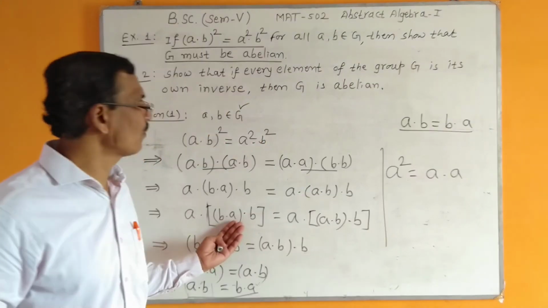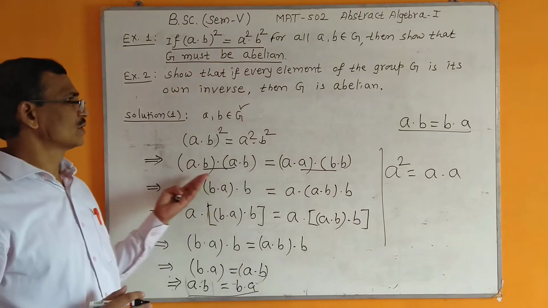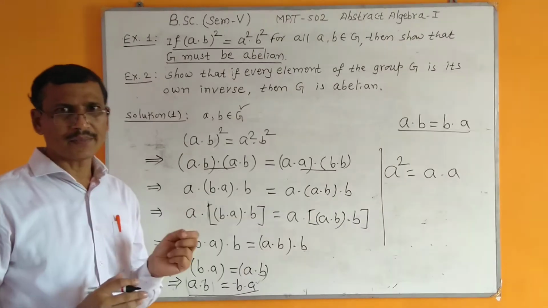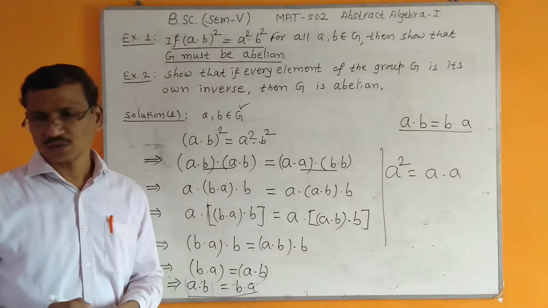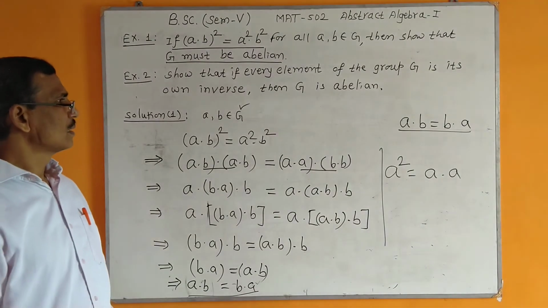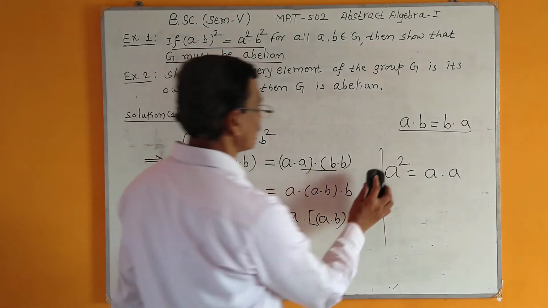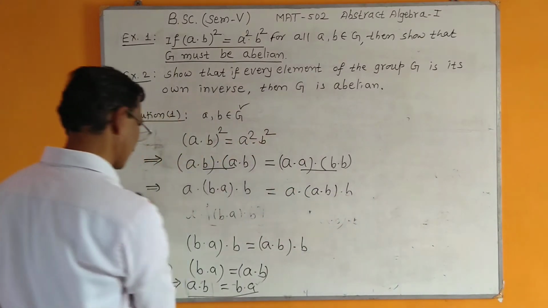The proof is very simple; we only have to apply the definition of integral power of an element of the group. Using this, we are able to prove that the group G is abelian. In a similar manner, we shall try to solve the second example.